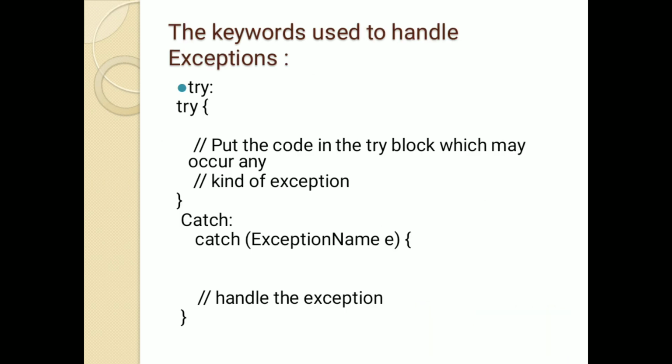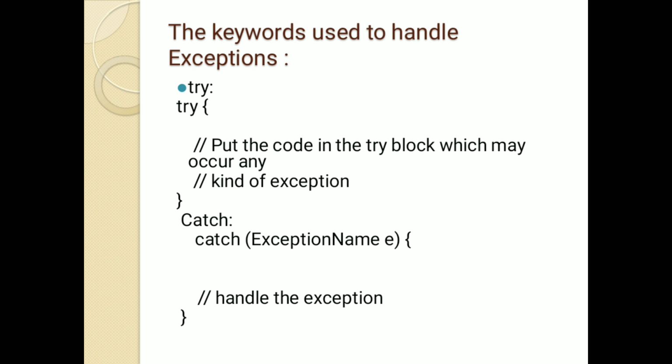We can handle the checked or unchecked exceptions present in our program by using four keywords: try, catch, throw, and throws. We use the try keyword when we expect there may be a chance of an exception in a block of statements.